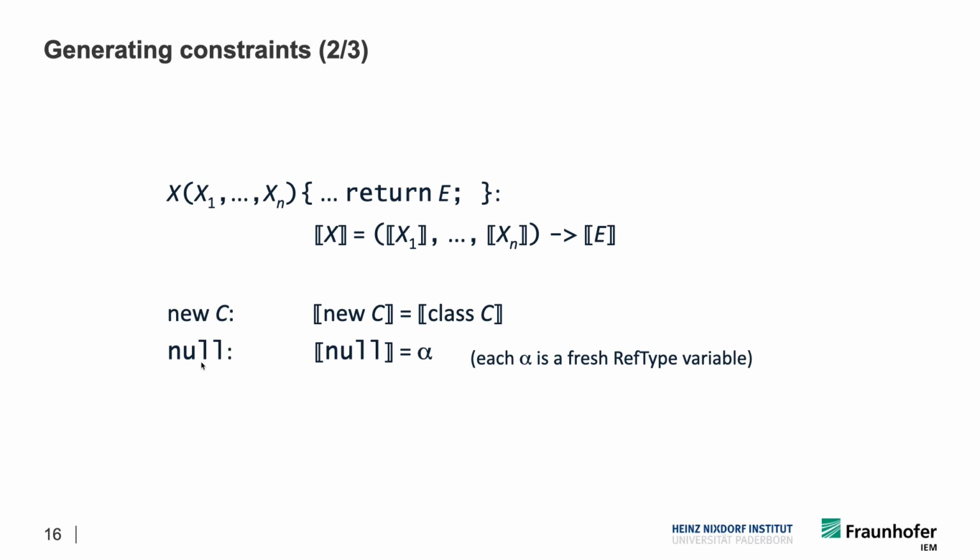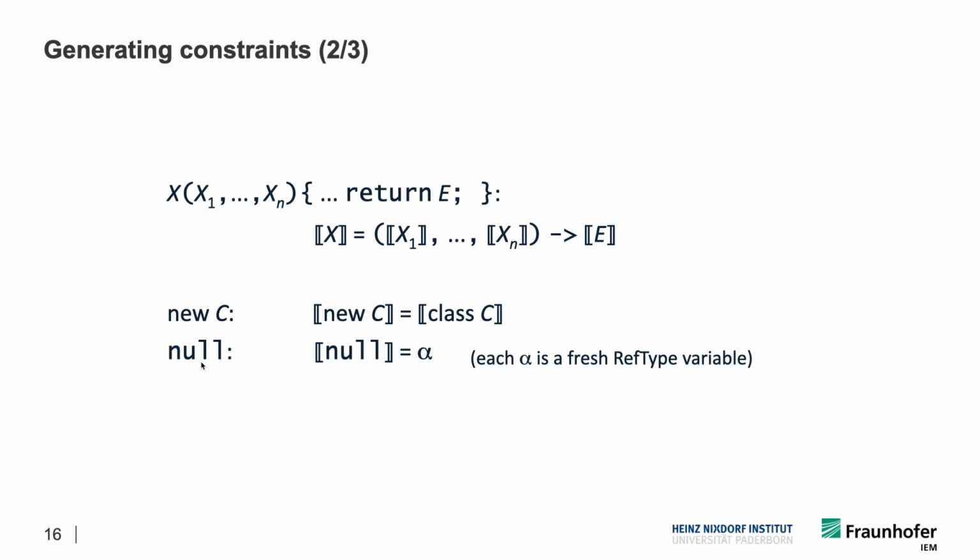But if you think about it, null in basically all programming languages I know of can be assigned to, at the very least, any reference type, right? So you can assign null to a variable of type object or string or whatever. So that means that null is basically polymorphic, right? So you can assign it to any reference type.